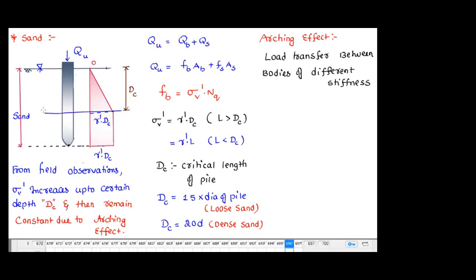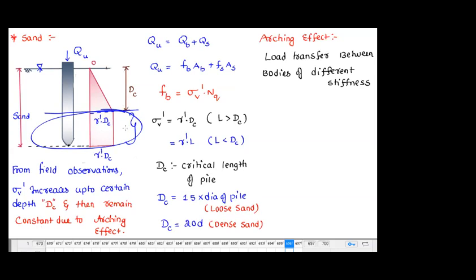But if you see the remaining portion, L minus DC, in this zone, beneath that depth DC, the stiffness of the soil and the pile are almost same. Because you know that if you go deeper and deeper, soil becomes denser and denser.